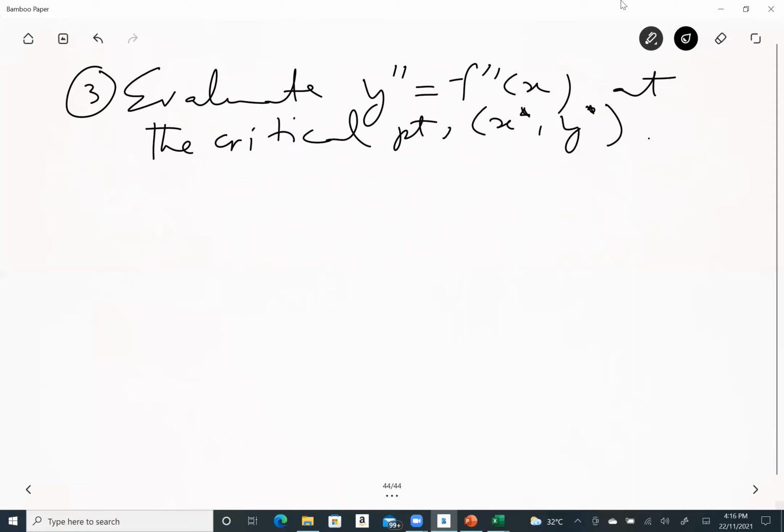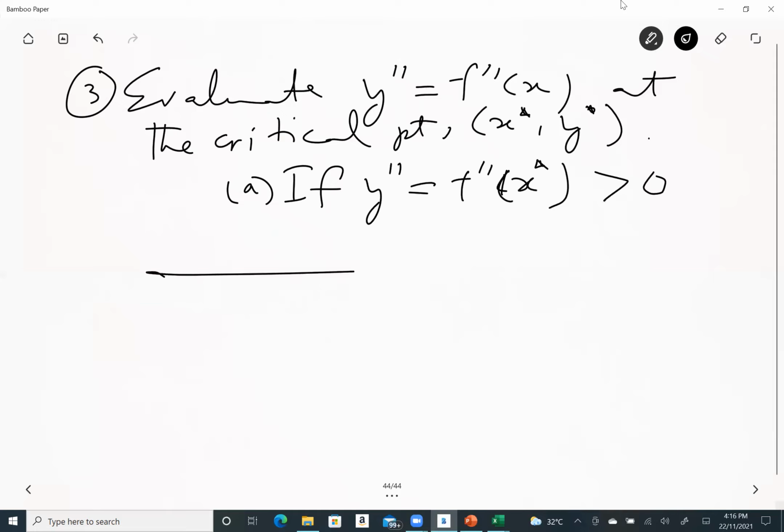Those values can be either bigger than 0 or less than 0. So the case number 1, I call it A: if f double prime, or y double prime, at x star is positive.